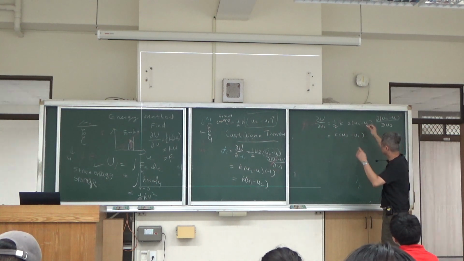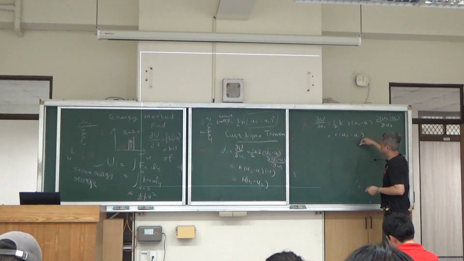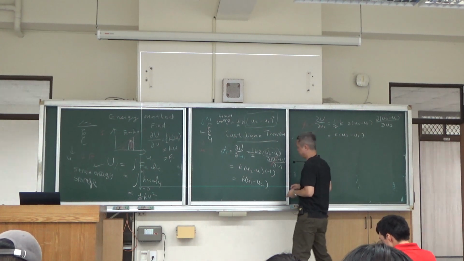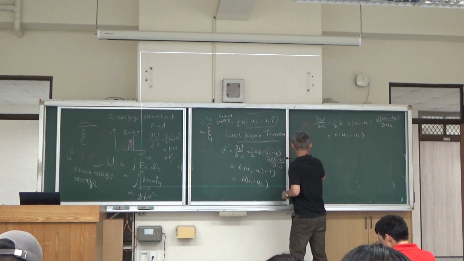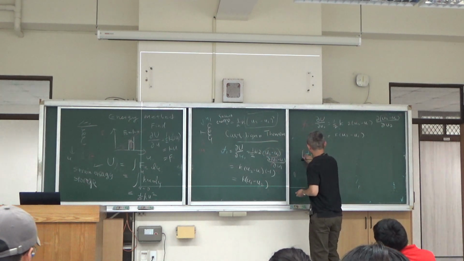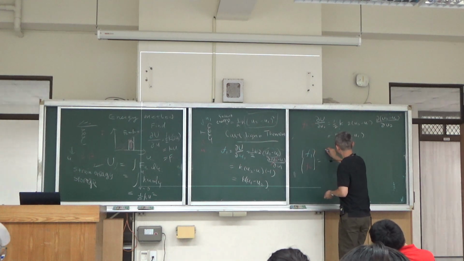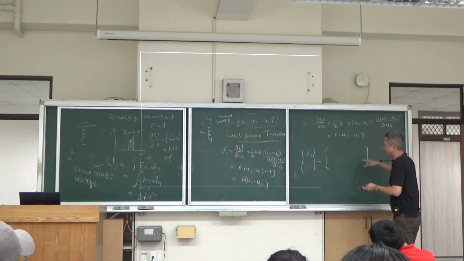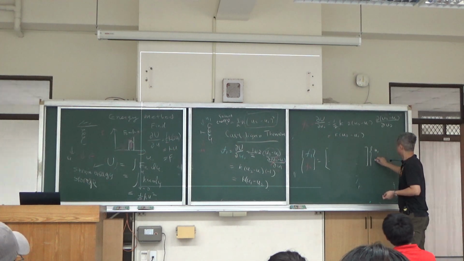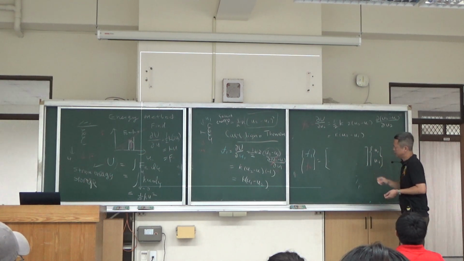Because we can write these two forms, force 1 and force 2, in vector form. You're going to express them as a matrix times a displacement vector u1, u2.